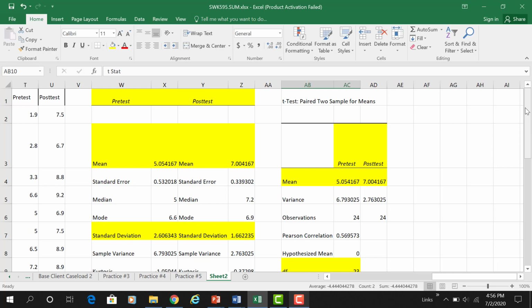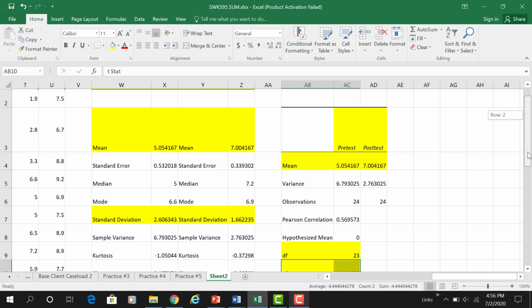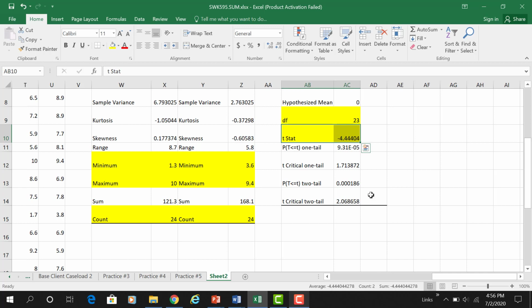We definitely expect that after the training their knowledge of study skills would have improved. So we're looking at a directional hypothesis, which means we would use the one-tailed test.